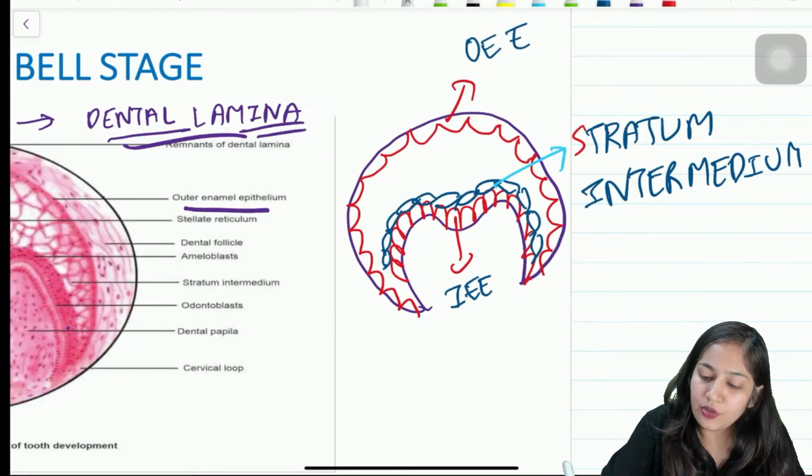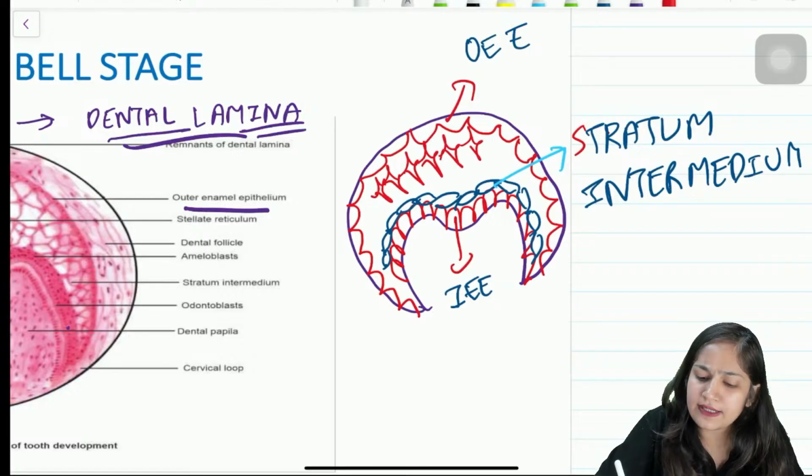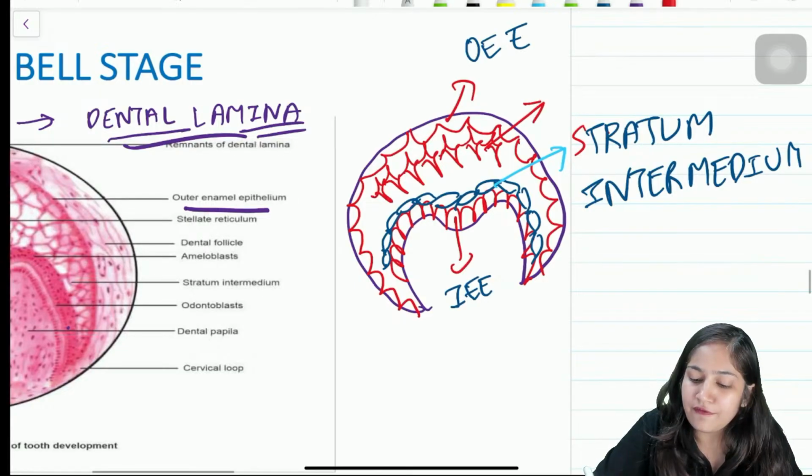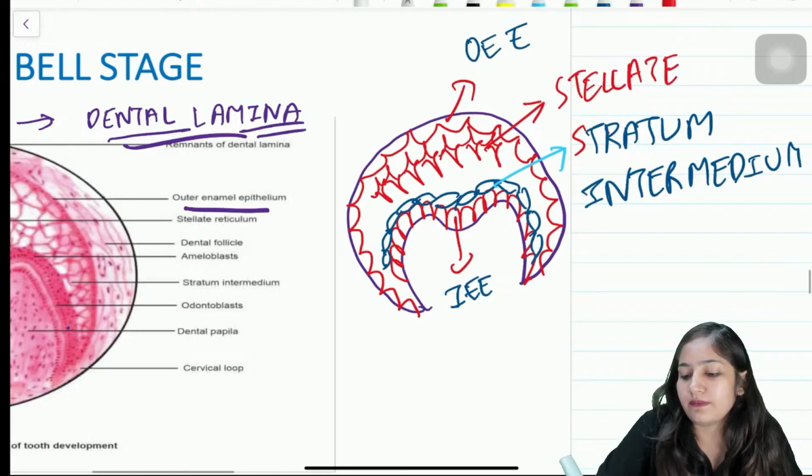Right, and just above the stratum intermedium we will be having star shaped cells, which are our stellate reticulum. So mainly we have 4 layers here.